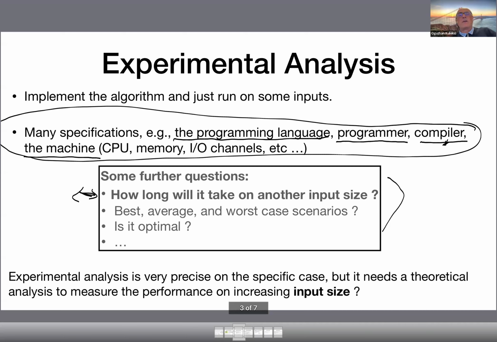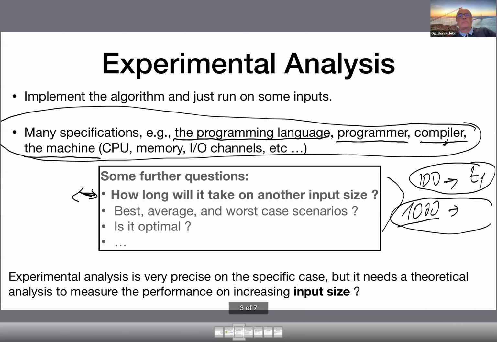For instance, you have an algorithm that runs on a 100 integer long array, and let's say that takes time t1, and you are curious what it will be if I run it on 1000 integers. Okay, so you have the measurements for this one. Can this measurement tell you anything about that one?